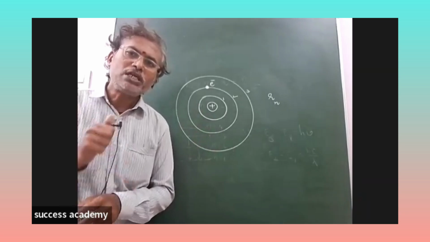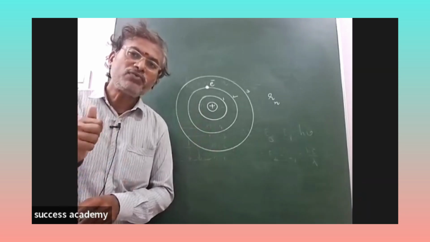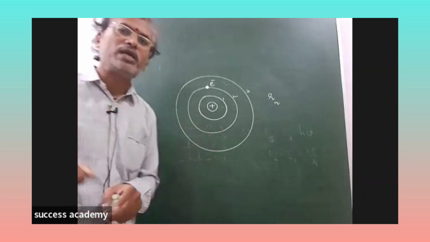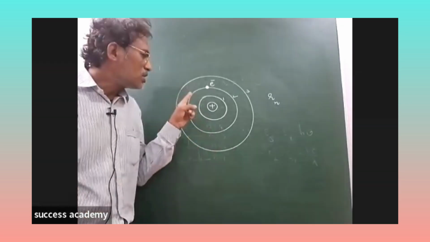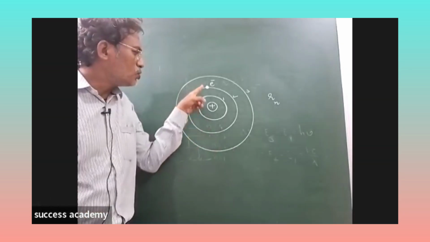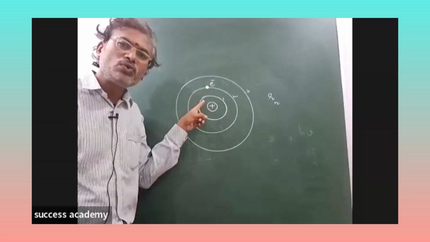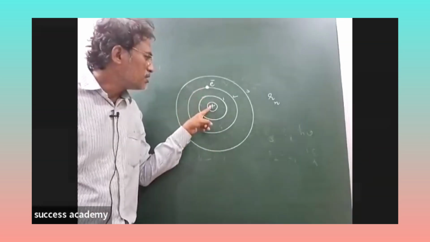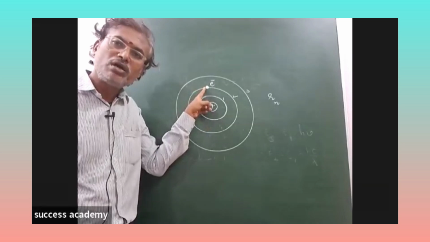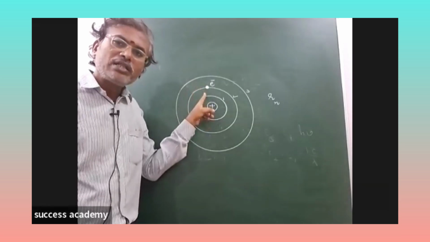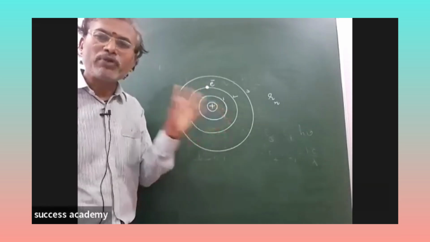Where do we get that centripetal force from? It comes from the electric force between the two, nothing but the center as well as the electron, and thereby the proper centripetal force can be provided.